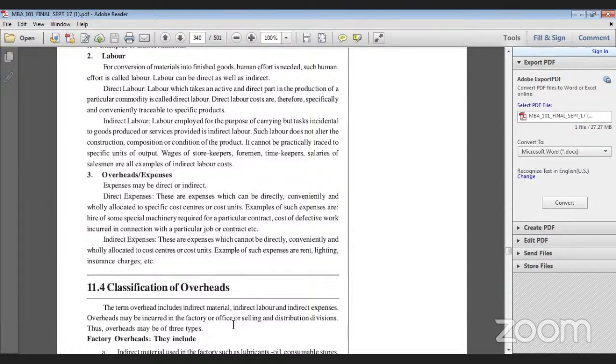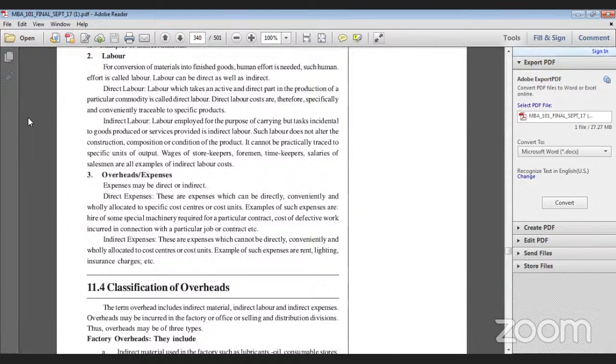After that, overhead. Direct expenses are expenses which can be directly, conventionally, and wholly allocated to a specific cost center or cost unit. Examples are hire charges for special machinery required for a particular contract, or the cost of work incurred in connection with a particular job or contract.